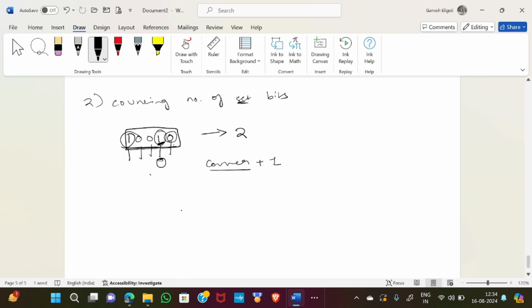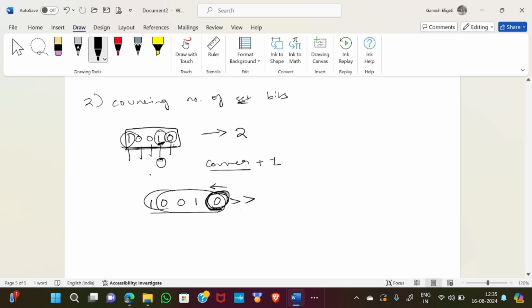So basically we will be going in a loop like this. We will be shifting this number to the right, and the least significant bit will be analyzed every time we go.